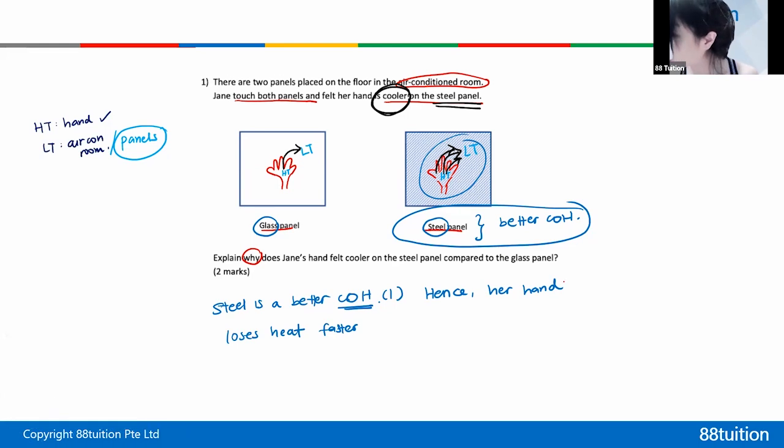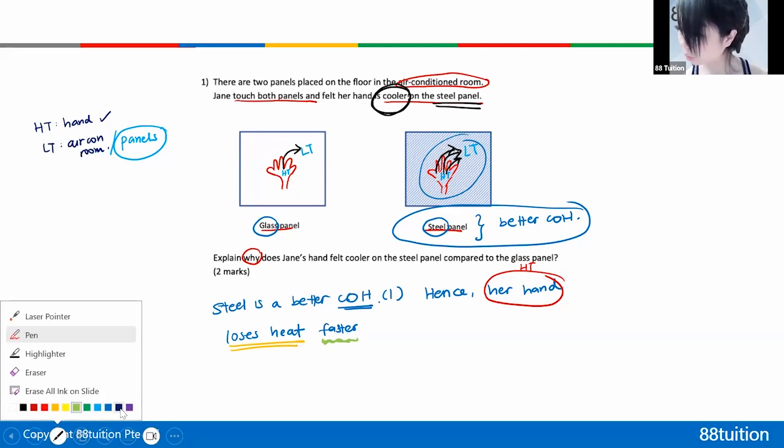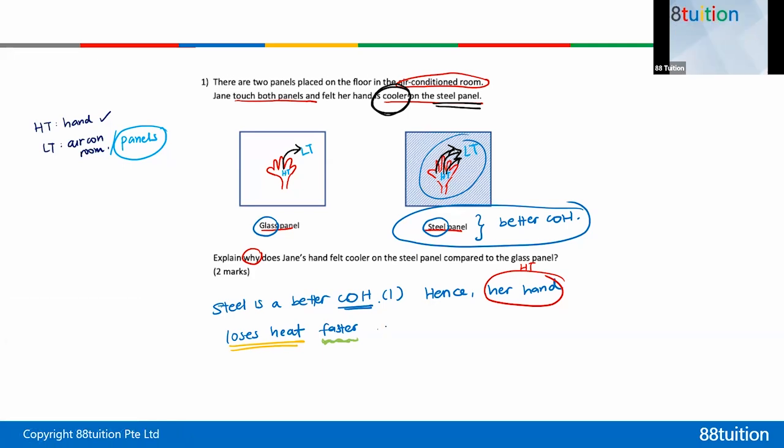Her hand, higher temperature, loses heat, comparing to the glass panel, faster to the steel panel. So it feels cooler.